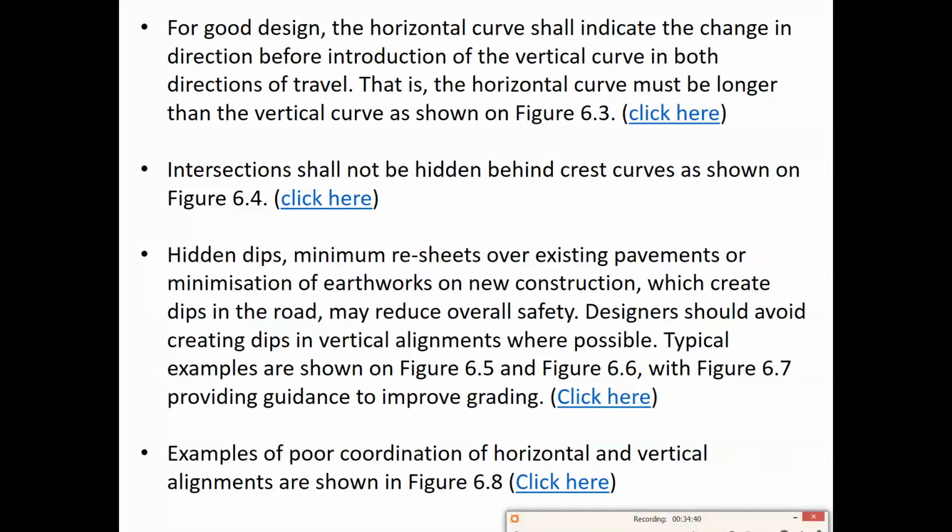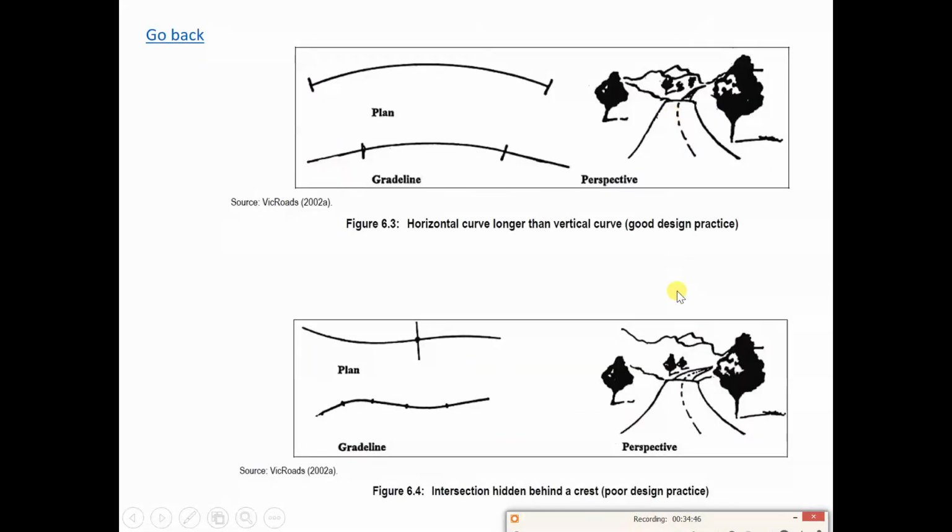It's better to have the vertical curve along the straight line rather than having a big sharp turn just after the crest curve. So it should be like this, with the grid line within the grid line. On the plan, the horizontal curve is longer than the vertical curve. This one is on the plan, and this one is the long section.